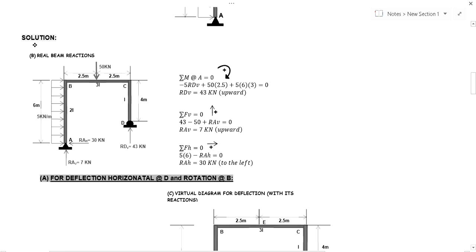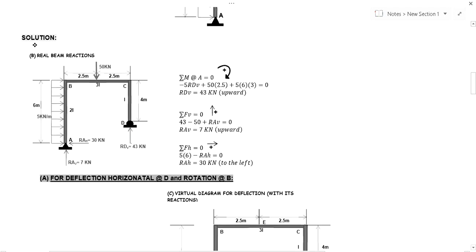If you remember, a pin support has two reactions, horizontal and vertical. And for the roller, we have a vertical reaction and horizontal reaction.